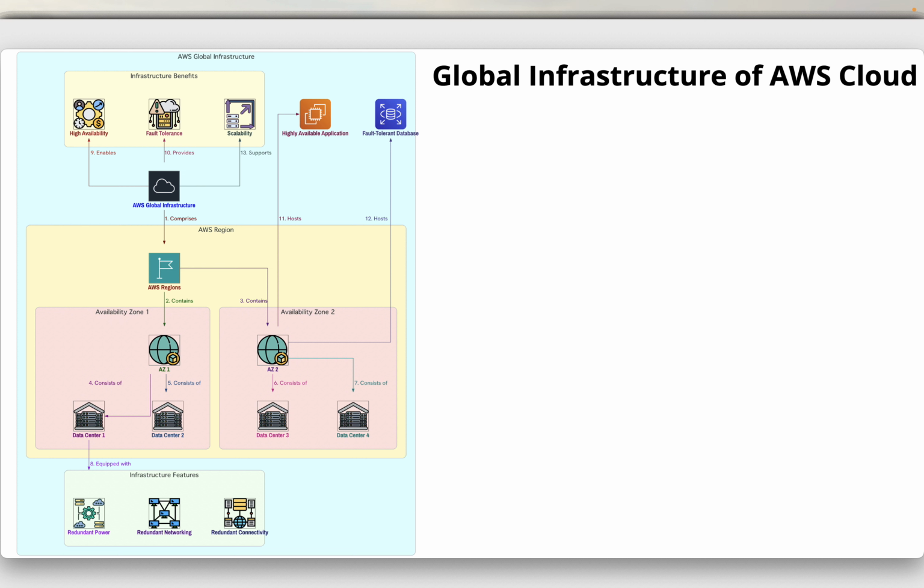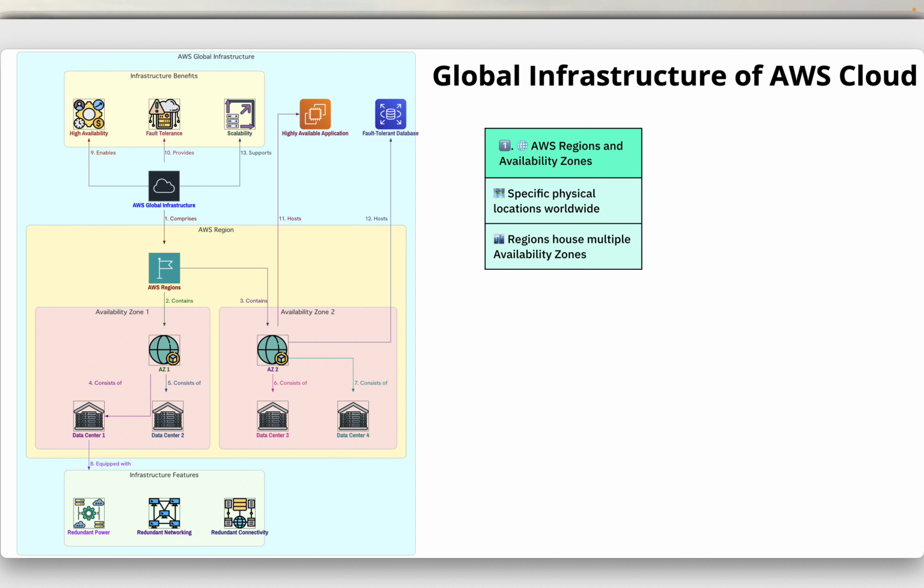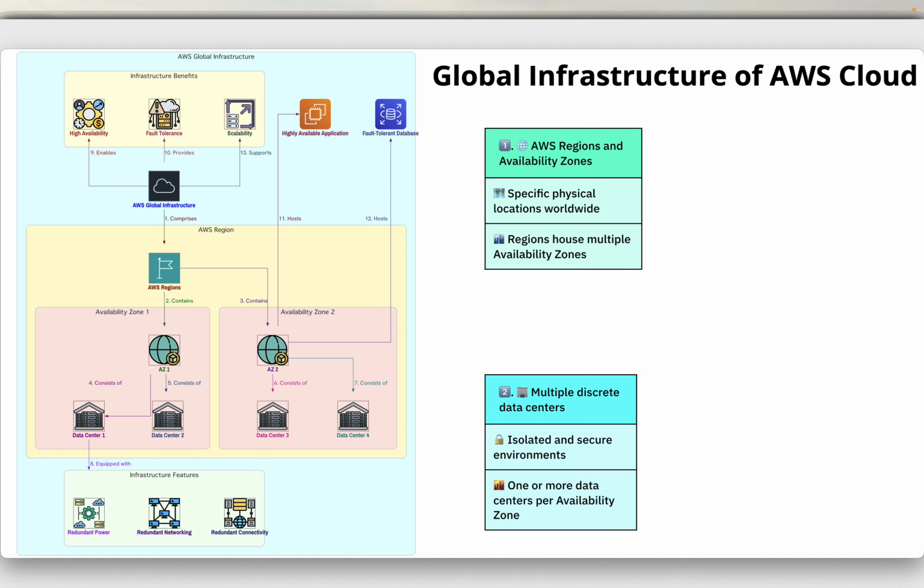So we'll go into some more details. AWS cloud infrastructure is structured around regions and availability zones, with each region being a specific physical location around the world that houses multiple availability zones or AZs. Each availability zone comprises one or more discrete data centers, ensuring isolated and secure environments within the same region.